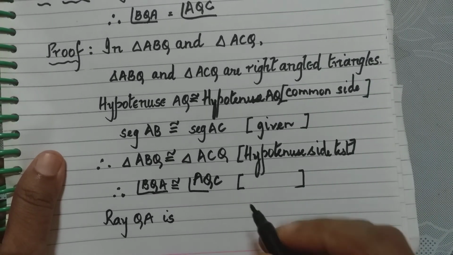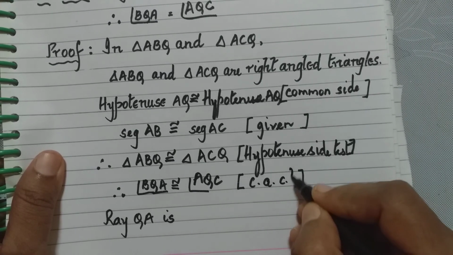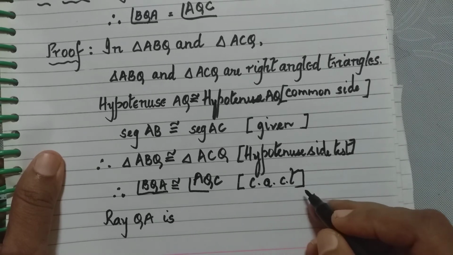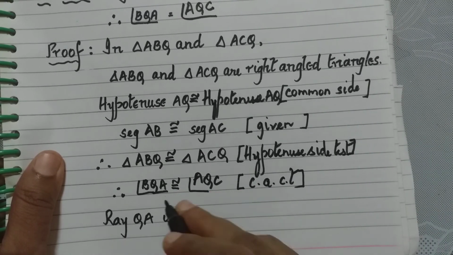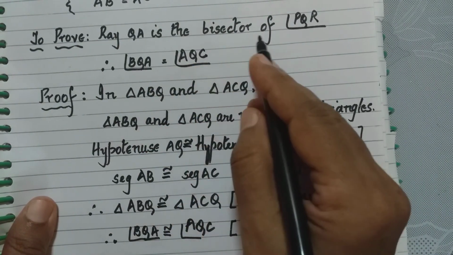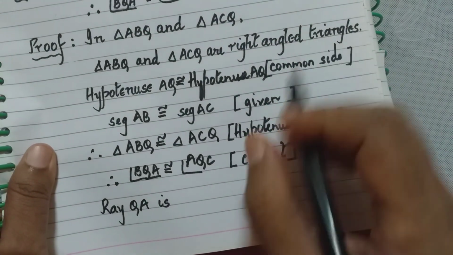Now when the two triangles are congruent by the hypotenuse side test, how will the two angles be congruent? By CACT, that is, corresponding angles of congruent triangles. So if the two angles are congruent, then ray QA is the bisector of angle PQR.